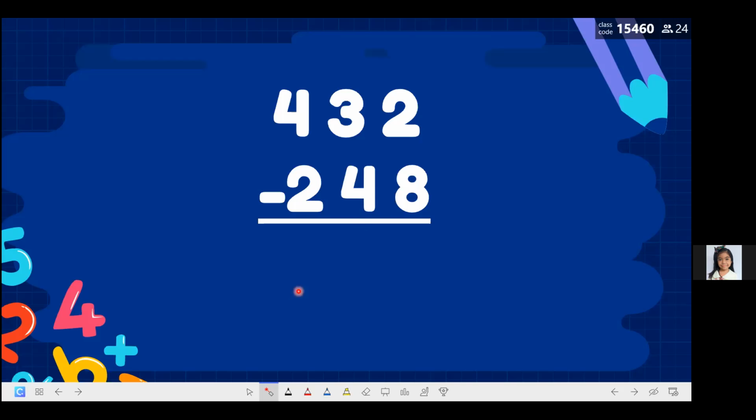Now, let's subtract the ones place. The ones place here is 2 and 8. Class, can we subtract 8 from 2?